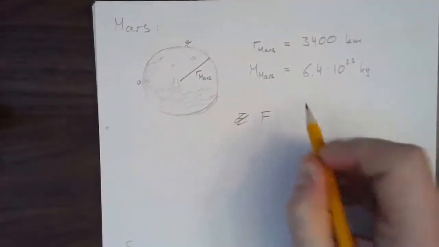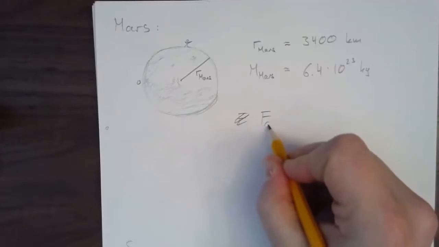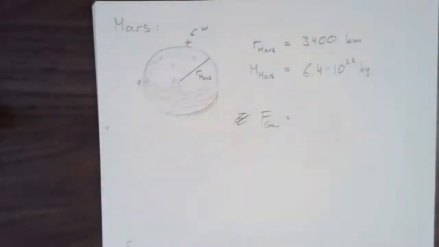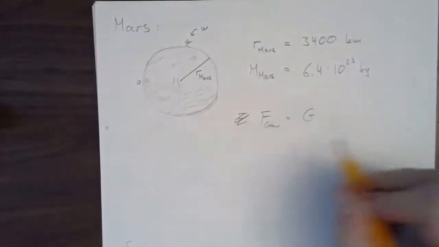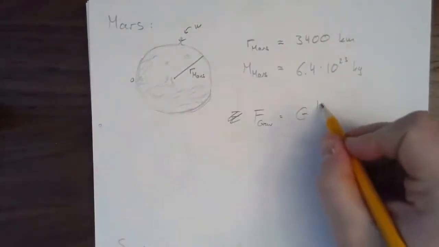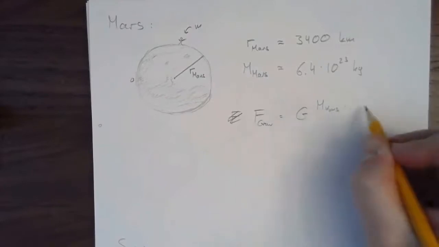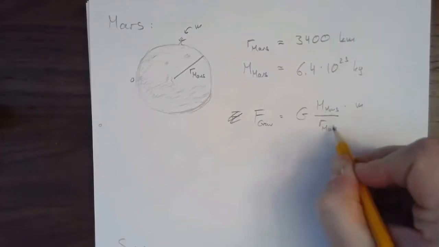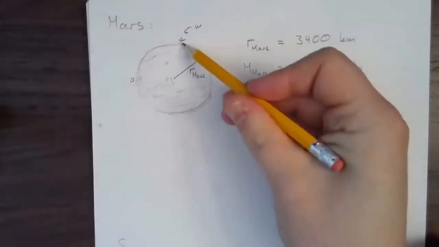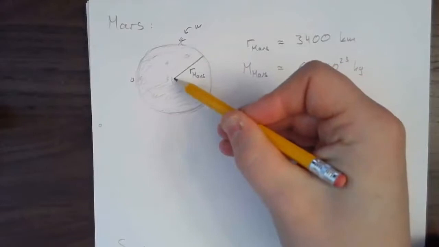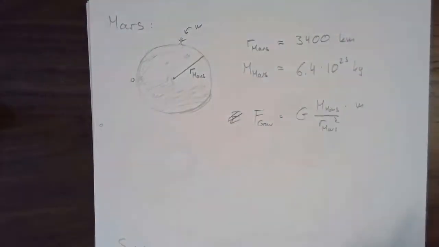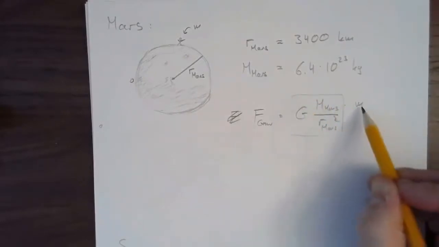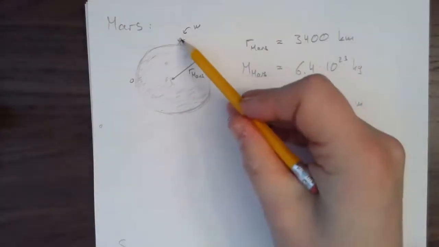The force of gravity on you, if you've got mass m, is going to be G, that's a constant, times the mass of Mars times your mass divided by the radius of Mars squared, because the radius of Mars is your distance from Mars calculated from the center. Right? We don't want to make assumptions about the mass of the person.